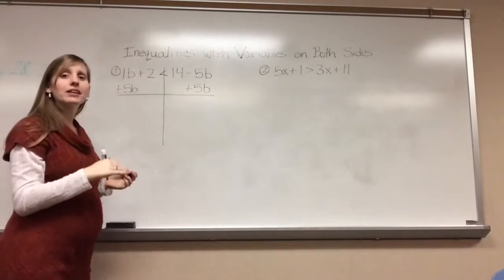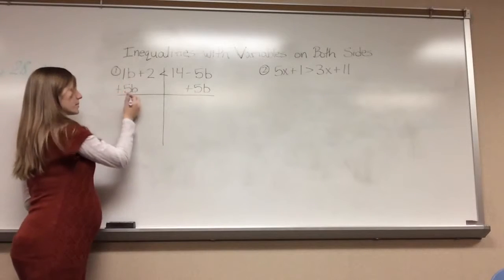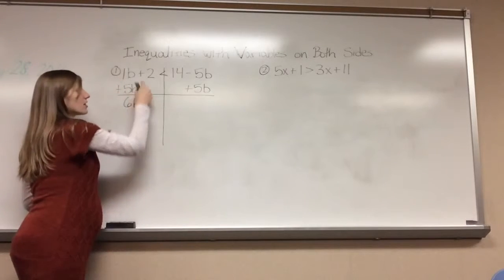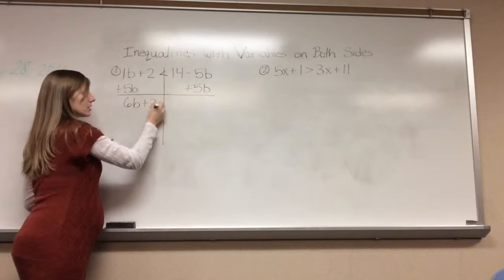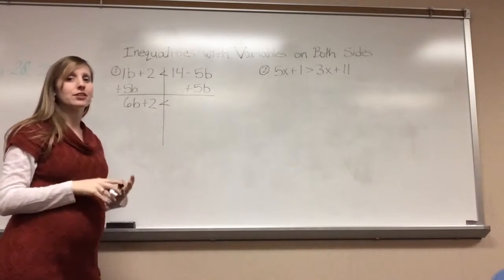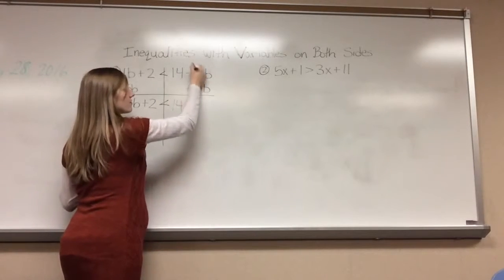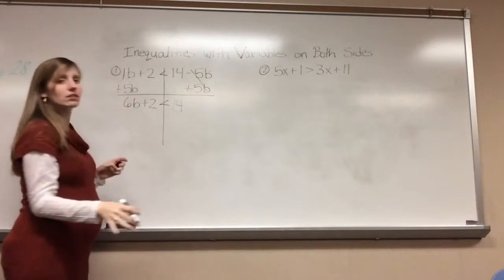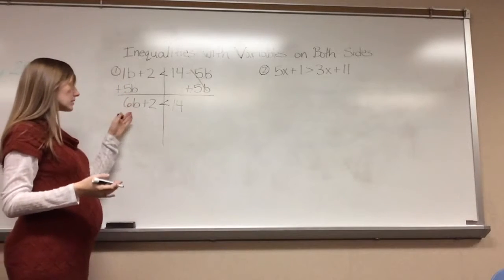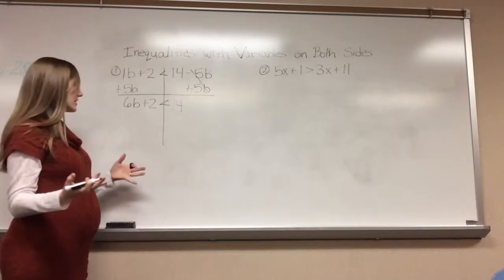They didn't write it, but we can go ahead and write it in so we don't forget about it. So 1b plus 5b is 6b. The plus 2 just comes down. My inequality sign stays the same because I have not multiplied or divided by a negative number. The 14 drops down. My 5b's over here will cancel, which is what we wanted. Now I only have a variable on the left, and that's exactly what we wanted to have happen.